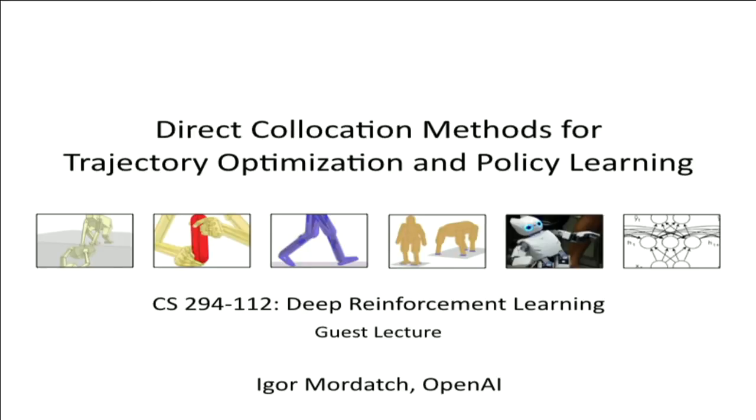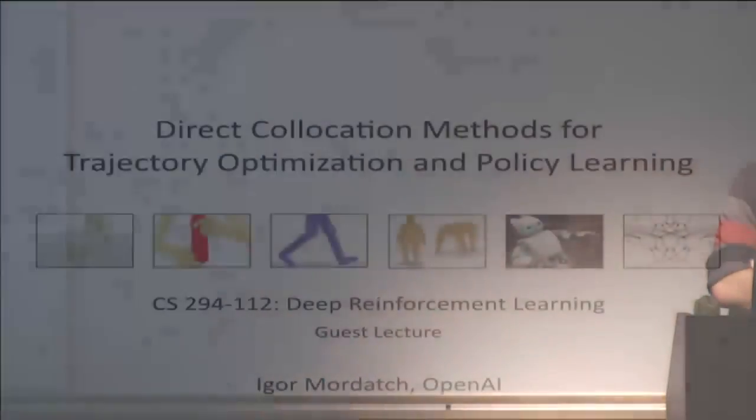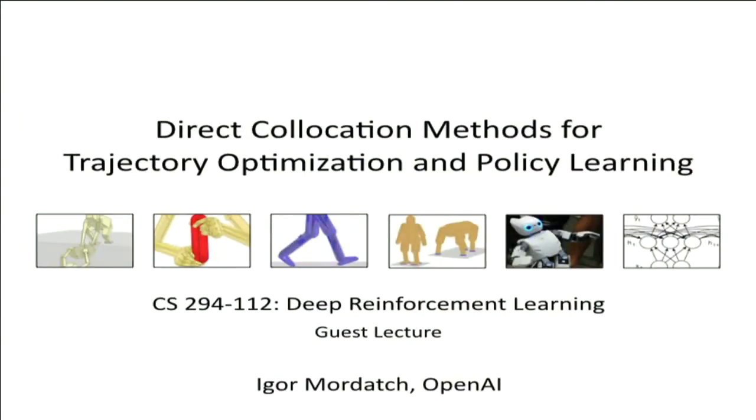Igor then moved on to working in robotics, when he did a postdoc here with us at UC Berkeley with some humanoid robots, and now he's at OpenAI doing all sorts of exciting things. Yep, cool. Thanks for the introduction, Sergey.